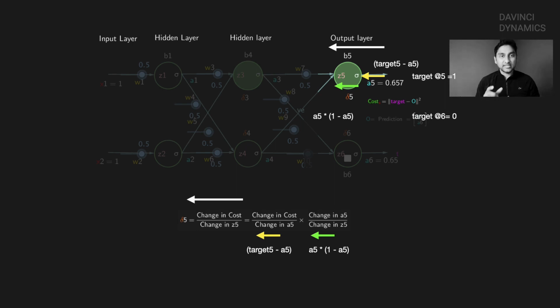Since we are using the sigmoid function, this is just A5 times (1 minus A5). So delta 5 is equal to (target 5 minus A5) times A5 times (1 minus A5). This gives us a measure of how much Z5 contributes to the total overall cost.